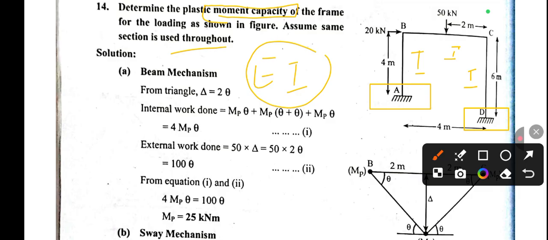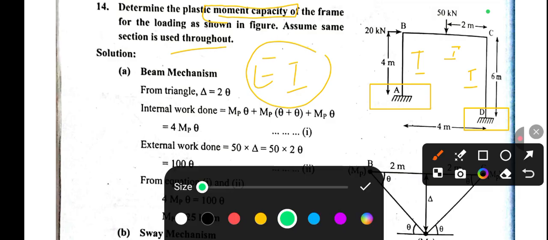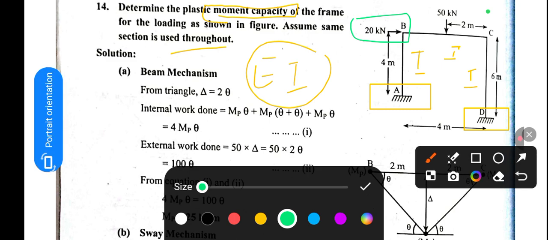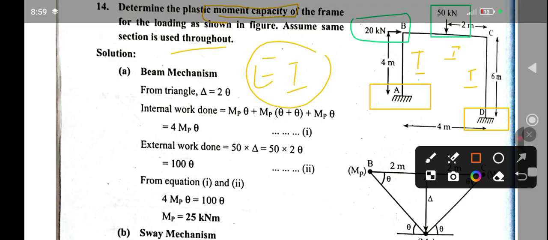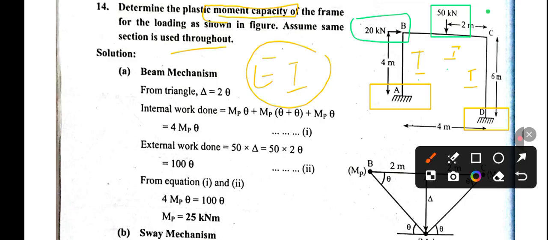If you look at the loads, we have two different loads. The first one is a 20 kN load applied over here, and the second load is this 50 kN load acting vertically from up to down.